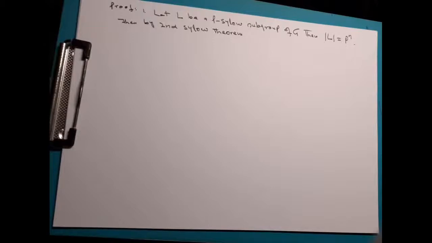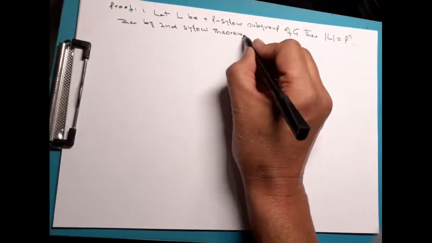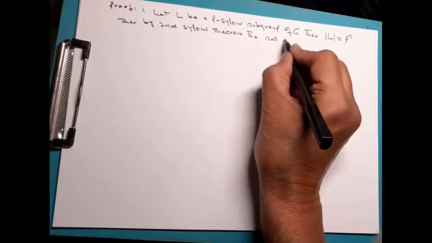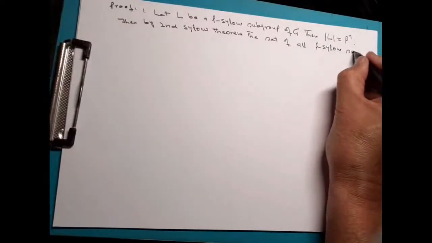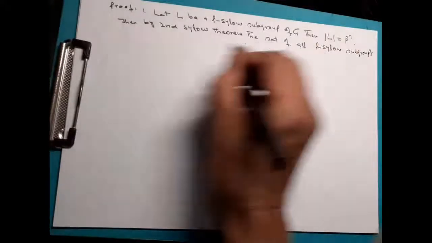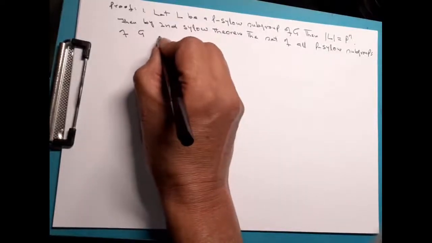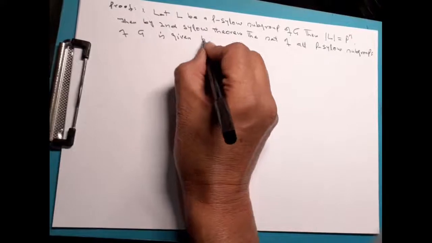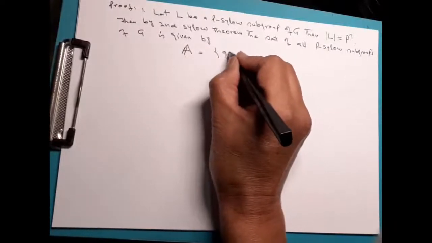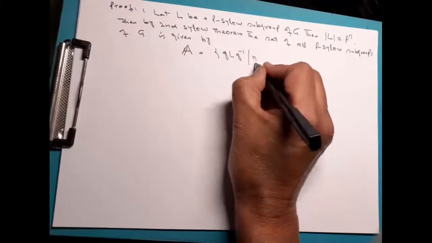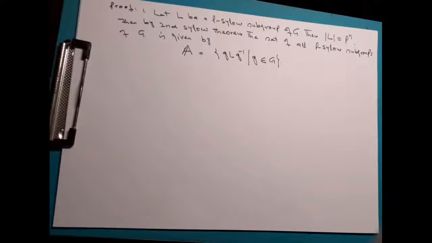So if L is a p-Sylow subgroup, then all the other p-Sylow subgroups will be conjugates of L. So by the second Sylow theorem, the set of all p-Sylow subgroups of G is given by, let's write it by this particular symbol A, this is equal to gLg inverse such that g belongs to G. This is for the reason that we have proved that any two p-Sylow subgroups are conjugate to each other.